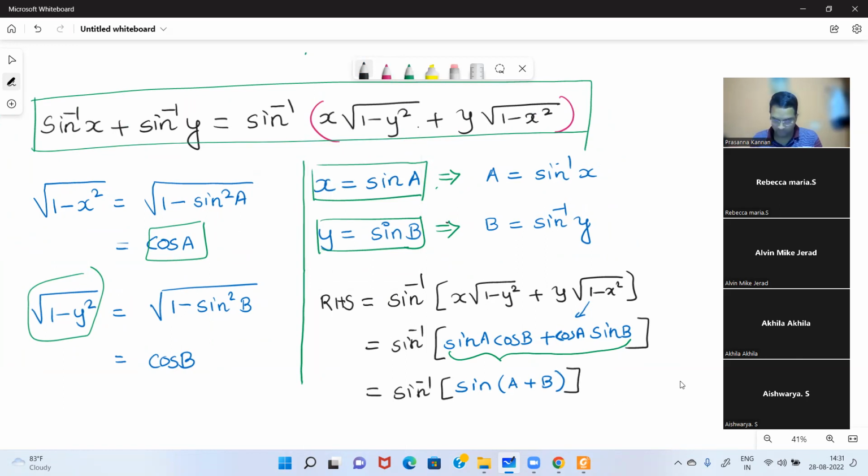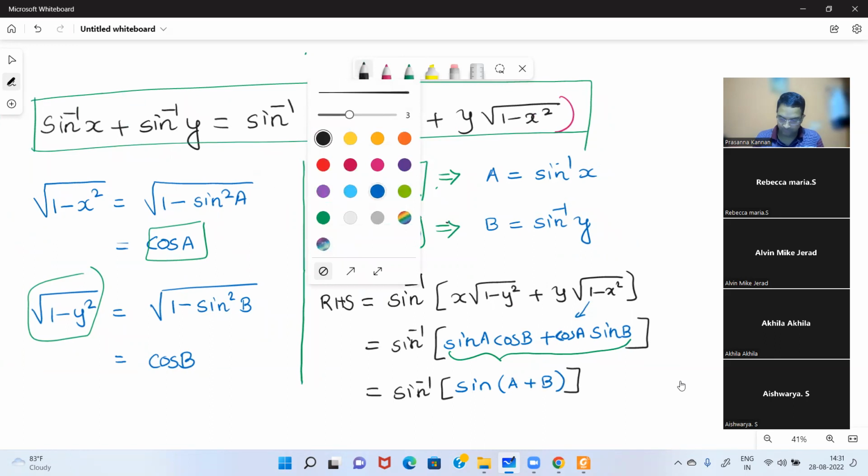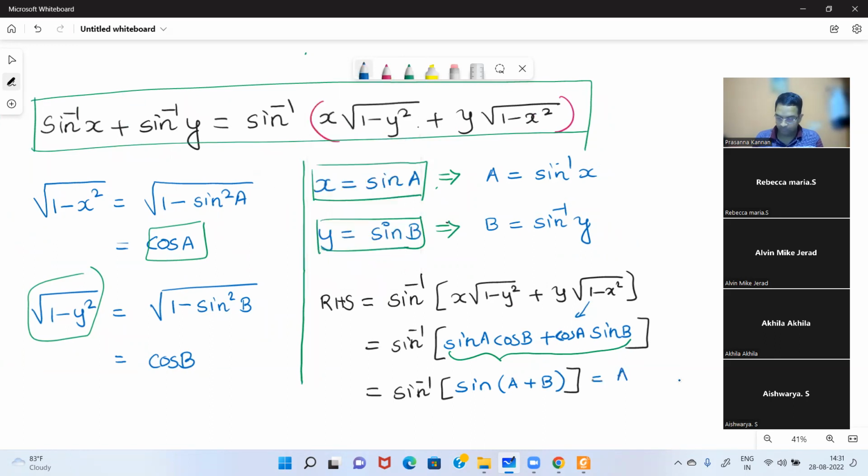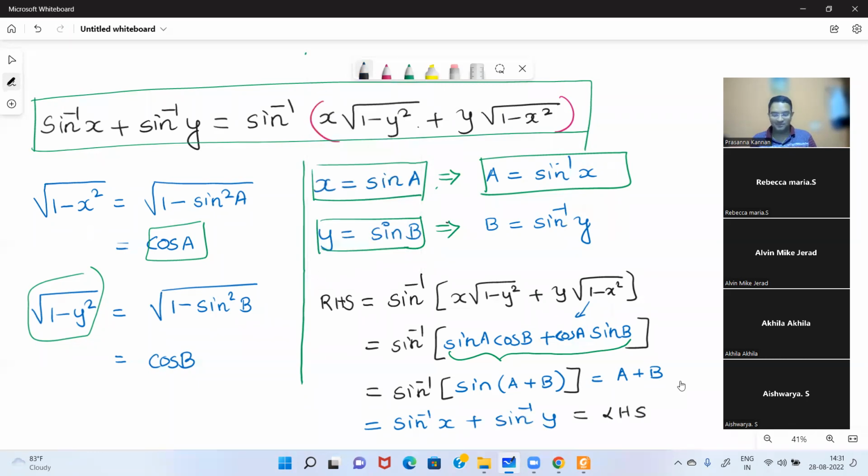A plus B. Very good. What is A? What is B? A is sine inverse x and B is sine inverse y. Is it not what we wanted to prove? Yes, sir.